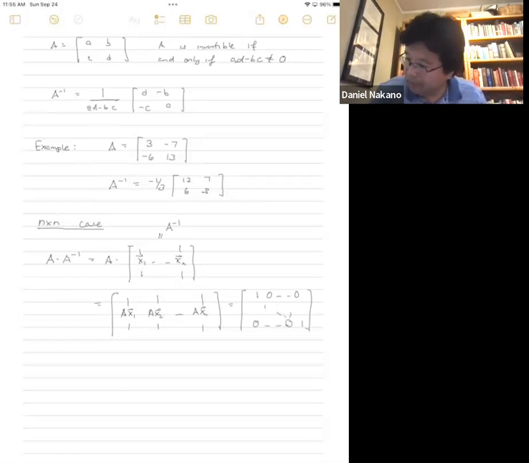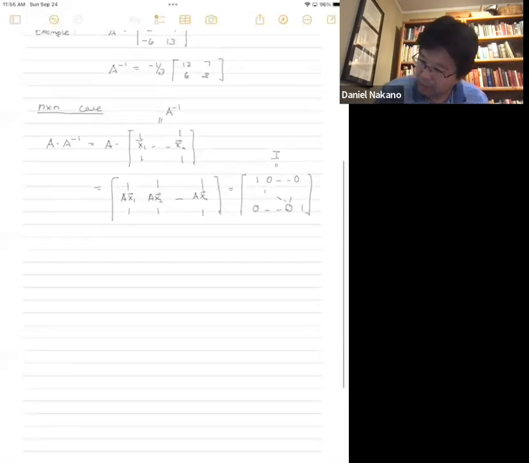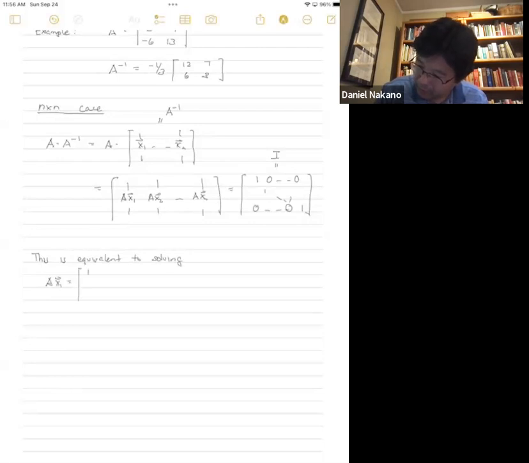So what are we really doing to find the inverse? We have to solve a certain system of equations. This is equivalent to solving the following system: A times x1 is equal to the unit vector 1, 0, 0, 0.